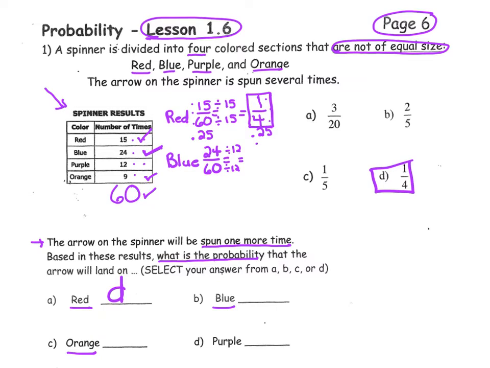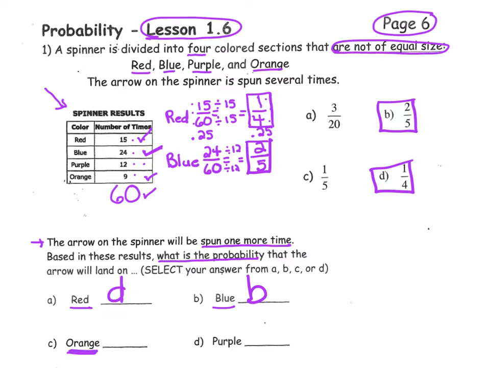We get 2/5. That is choice B. So write that on the line. Choice B, which is equal to 2/5.